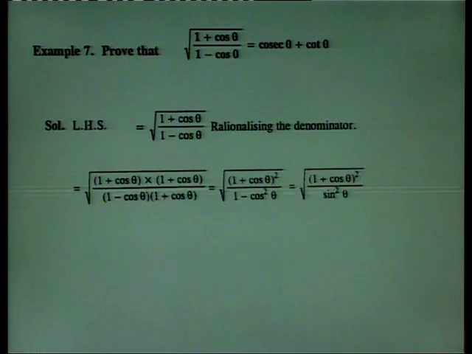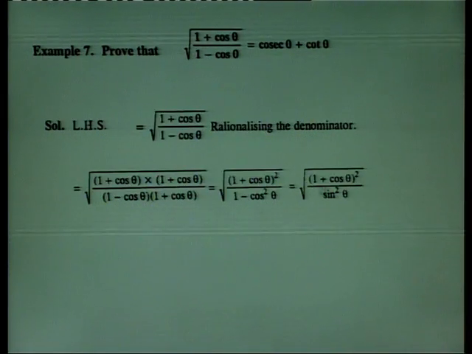So, this is 1 plus cos theta into 1 plus cos theta over 1 minus cos theta into 1 plus cos theta. So, numerator is 1 plus cos theta whole square and denominator is 1 minus cos square theta, and by using trigonometric identity we know that 1 minus cos square theta is equal to sin square theta.